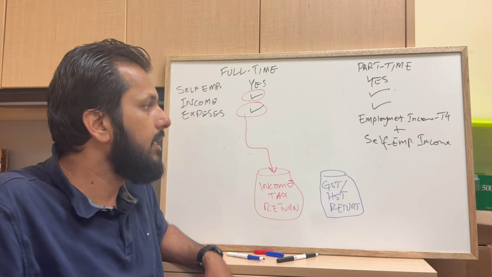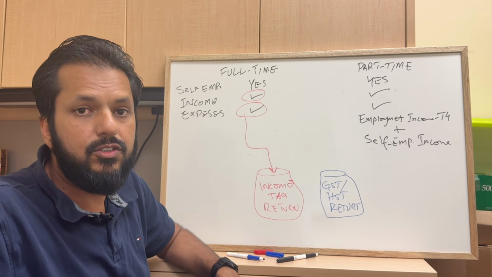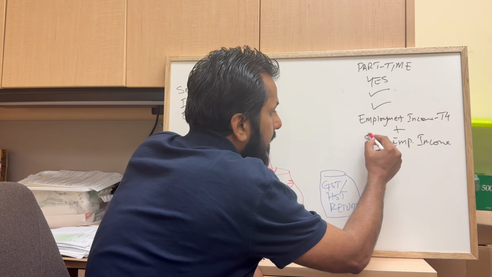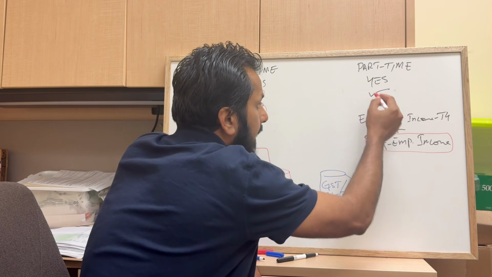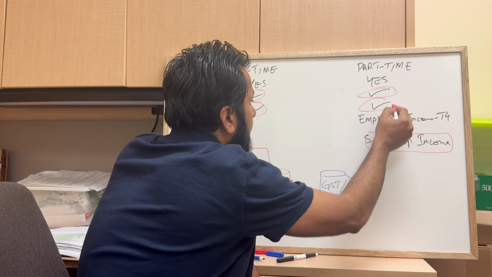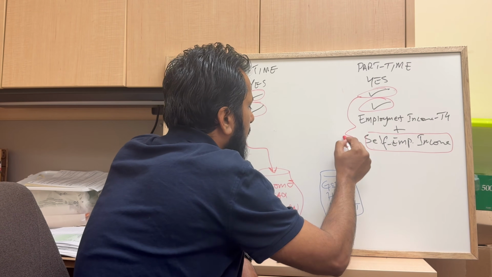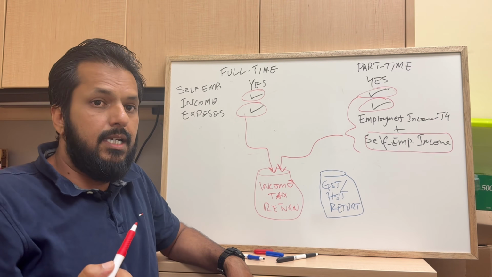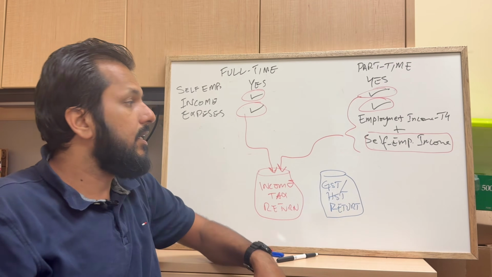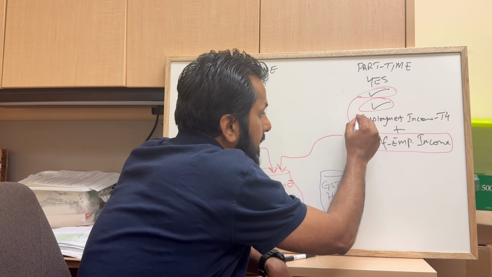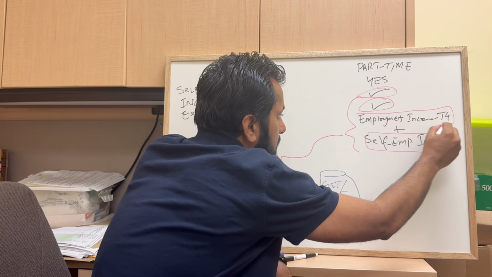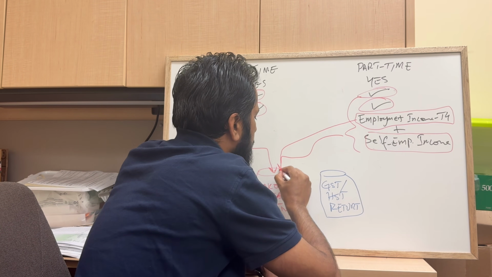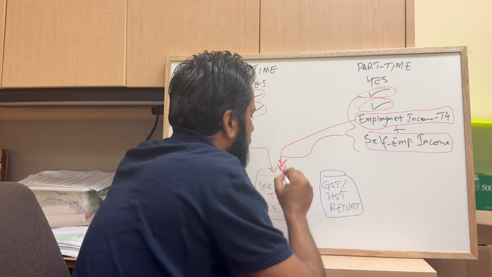All right, the same thing will apply to the part-timers as well. His self-employed income, like the income and the expenses, are going to go in here. But for the part-timer, his employment income is also going to go into this same tax return.